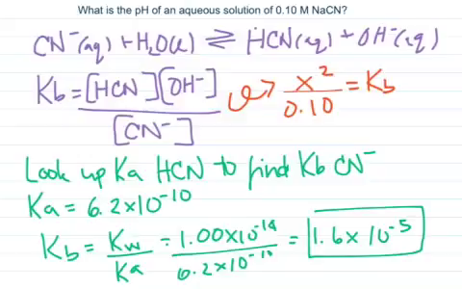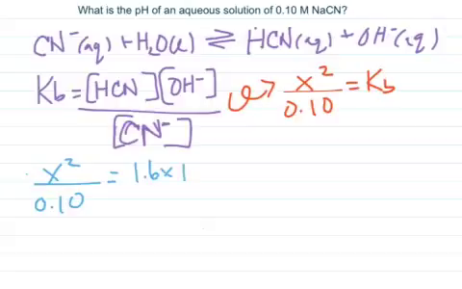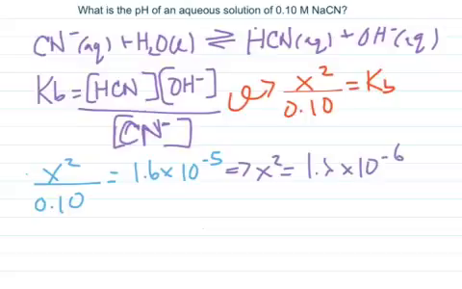Now I can plug in a little bit more. So I have x squared over 0.10 equals 1.6 times 10 to the minus 5. I'm going to multiply 0.1 by 1.6 to find x squared, and I get x squared is equal to 1.6 times 10 to the minus 6.